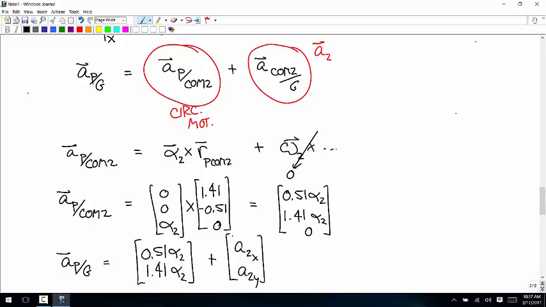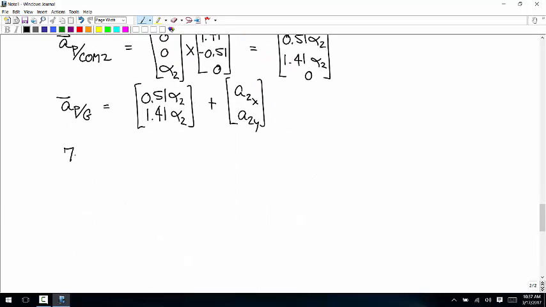It can't have any horizontal component because the slot is vertical. And so our final constraint equation, 7 star, says 0.51 alpha 2 plus A2x has to be equal to 0.